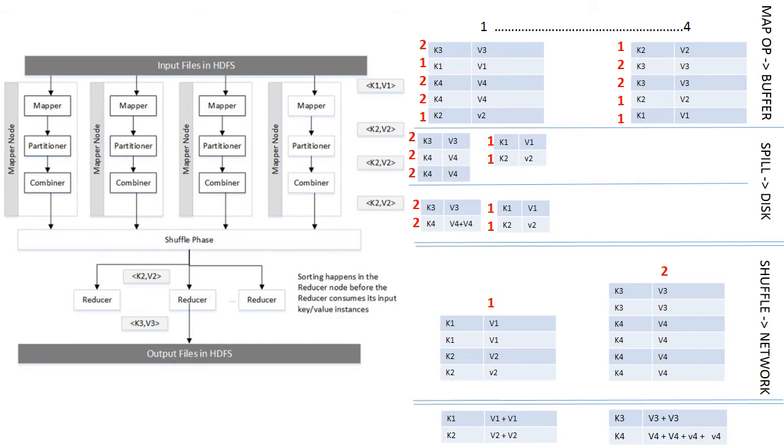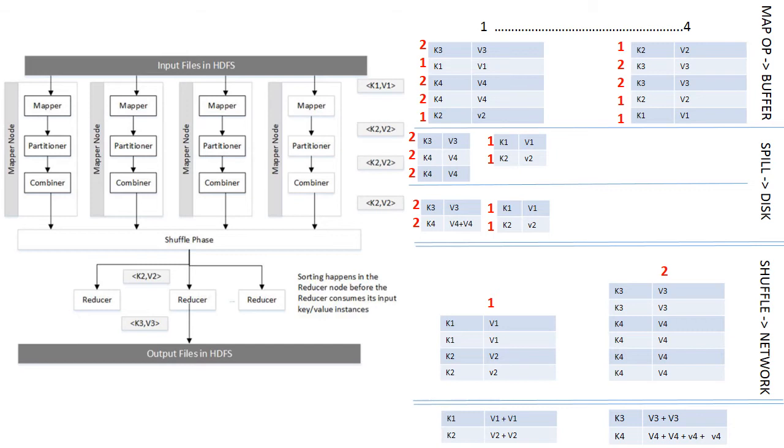You can see that happening here. K3 has a value of V3 that is preserved, and you got two rows of K4, and it combines the corresponding values together. That's all the combiner does.